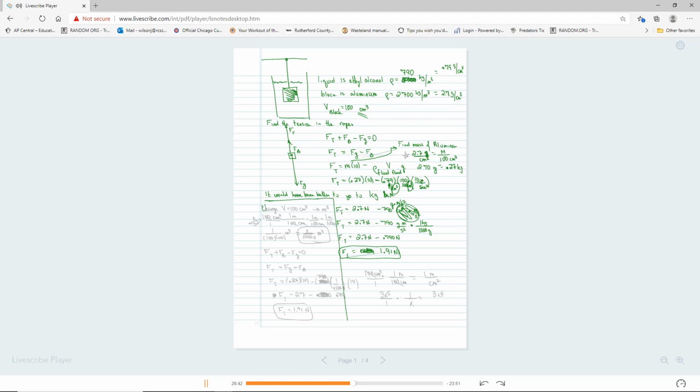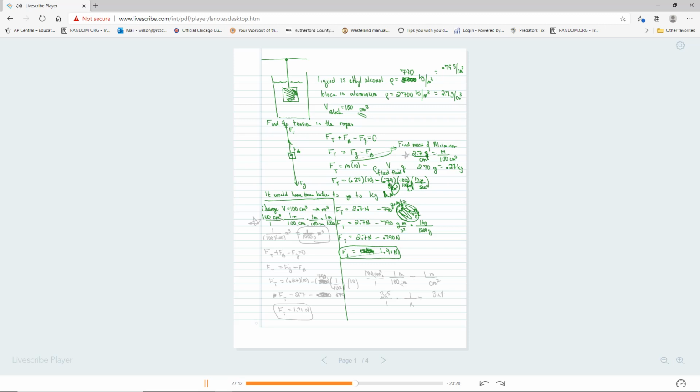Let's change V equals 100 centimeters cubed to meters cubed. Let's just do that at the outset, and then I'm going to work through the problem again. So you might want to just watch this time. 100 centimeters cubed, 100 centimeters, 1 meter, 100 centimeters, 100 centimeters.